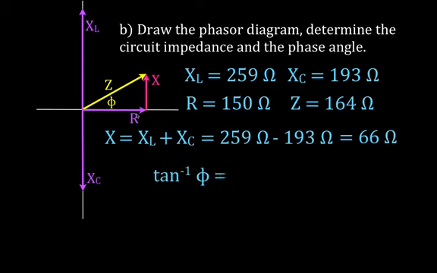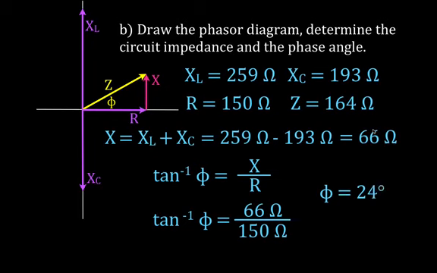Most of the time this is done with the tangent function, so the arctan of phi is equal to the opposite over the adjacent, opposite X, adjacent R. X is 66, which we had here, and R is 150, and phi in this case is therefore 24 degrees. So this angle in here is 24 degrees, and that is the angle by which the voltage is going to lead the current in this circuit. All right, so I think we did those three things.